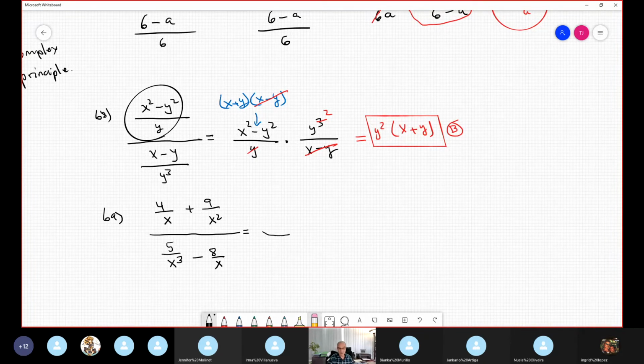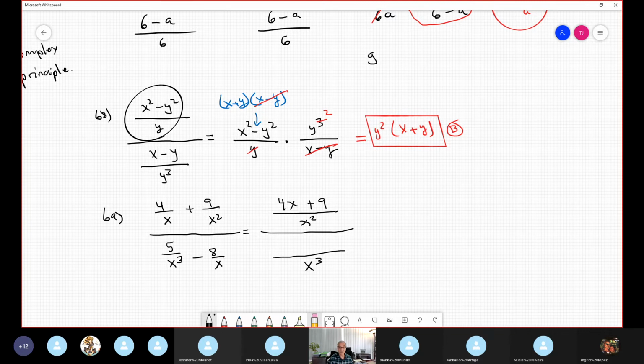Now the least common denominator in the top part is x squared. x squared divided by x is x, so 4x plus 9. Ready. And in the bottom part, the least common denominator is x cubed. The shortcut is completely opposite to the GCF.